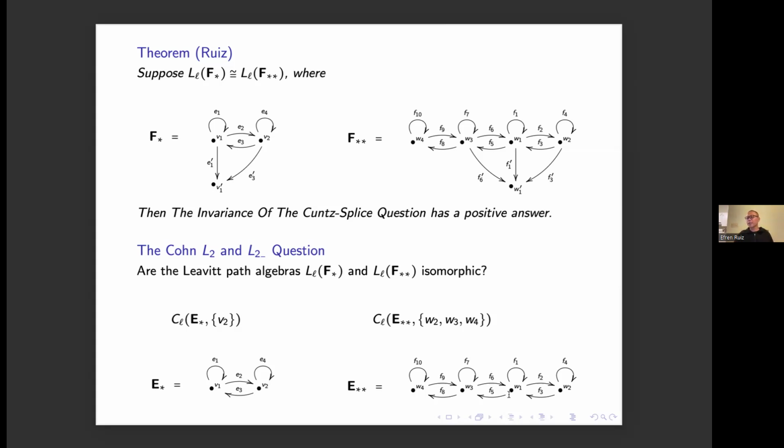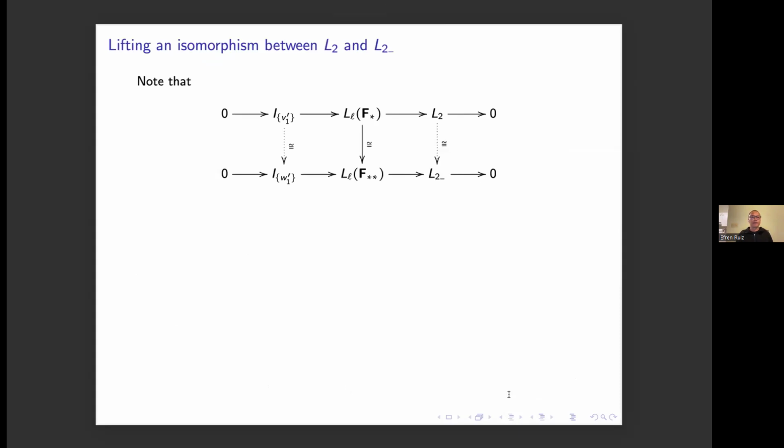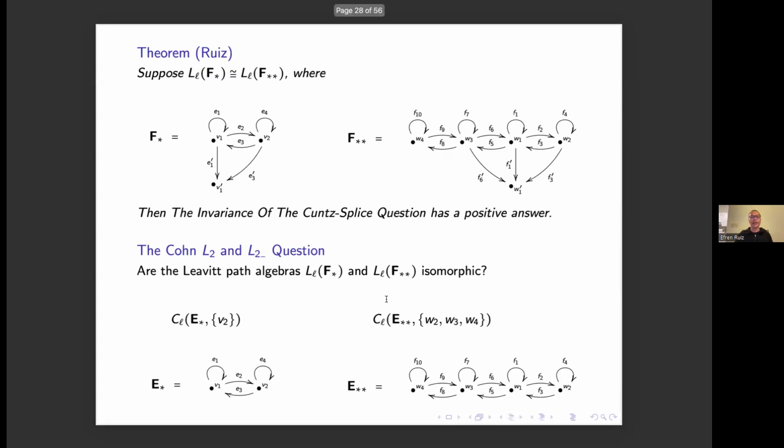All right, so I just want to give you a sense of how the proof goes and some comments about it after. Actually, before the proof, I just want to relate it back to the L2 and L2 minus question. If you look at the Leavitt path algebra here, there is exactly one non-trivial ideal, corresponding to the sinks here.